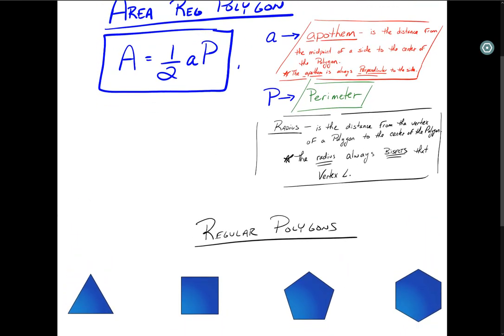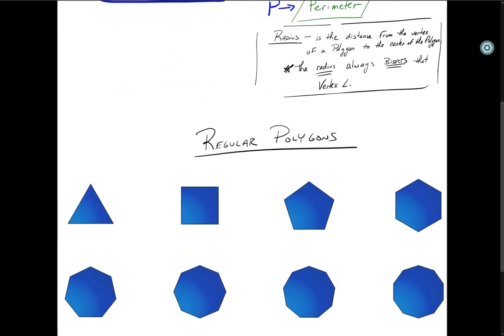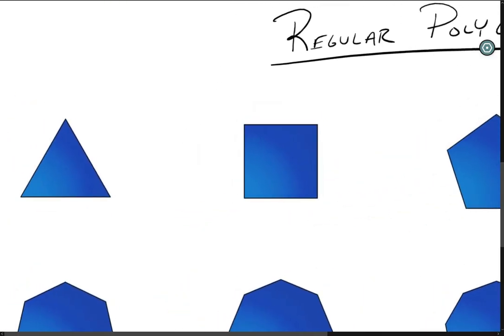Before we worry about apothem and radius, I want to do some review of regular polygons. What did I say is true about all of these? What makes something a regular polygon? And the angles are all what? Congruent, yes.